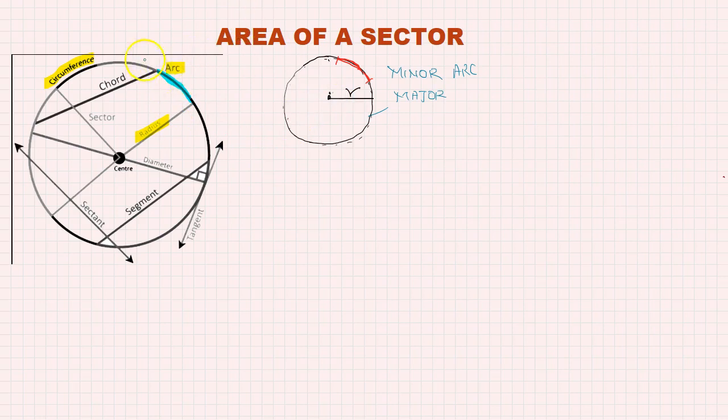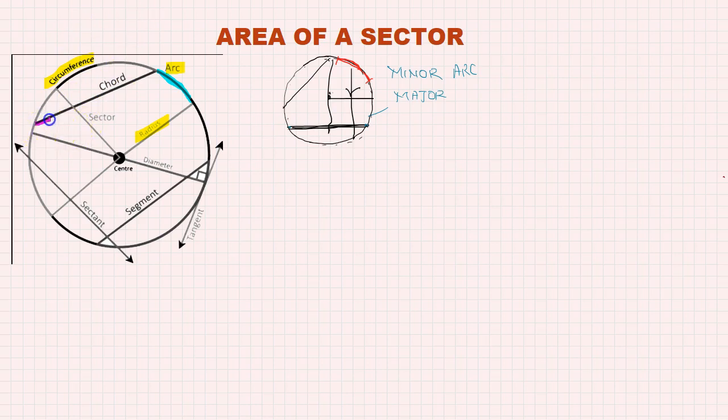Now another thing, we have a chord. You take any 2 points on the circumference and you join them. Any 2 points, whether it is this or this or this, is called a chord.